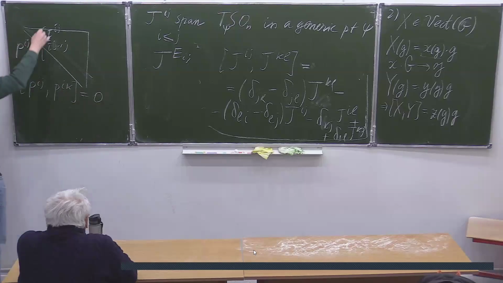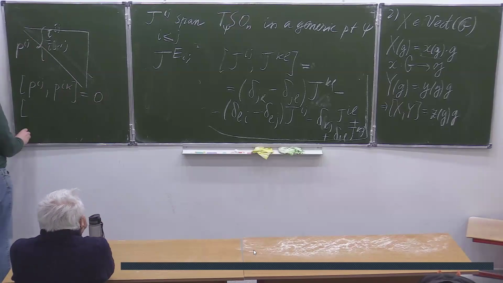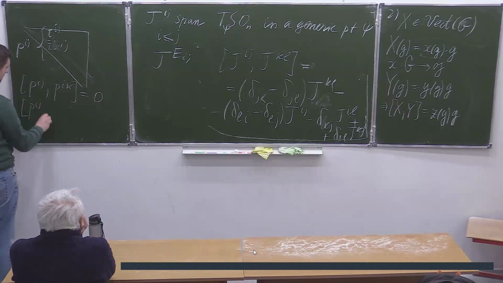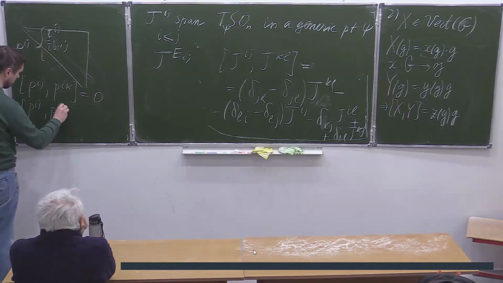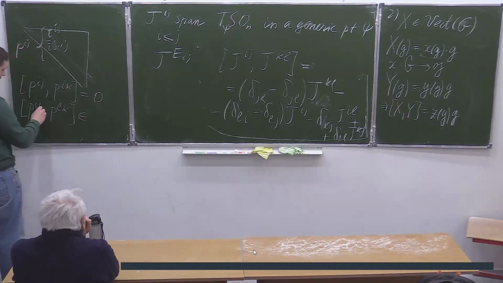So when they are from the same column, they just commute. And the commutator of Pij and Plk, I don't remember exactly, but it belongs to the column which is farther to the right.